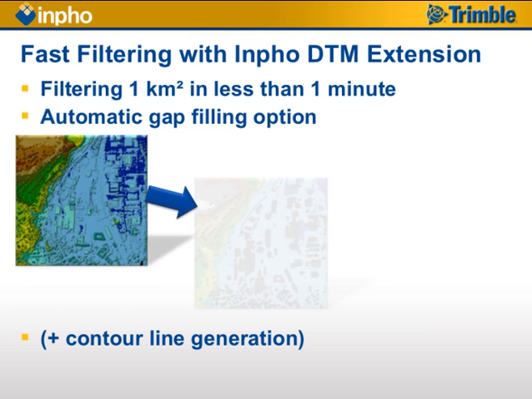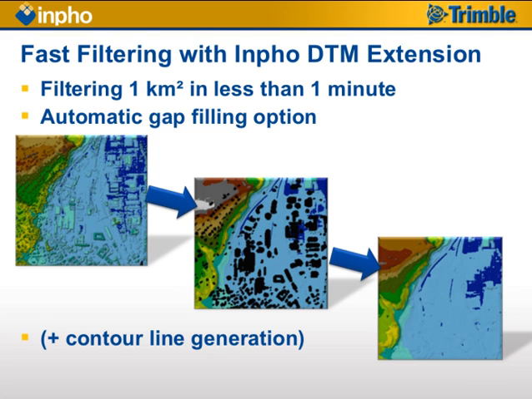I was talking about the filtering with our new Inpho DTM extension. This filtering method now allows us to filter 1 square kilometer in any case in less than 1 minute. So we have done a lot of improvements just to get a faster filtering computation. And this goes along with an automatic gap filling option.